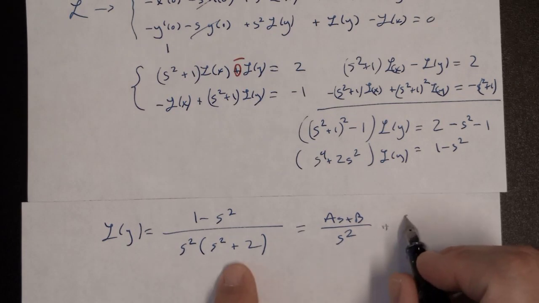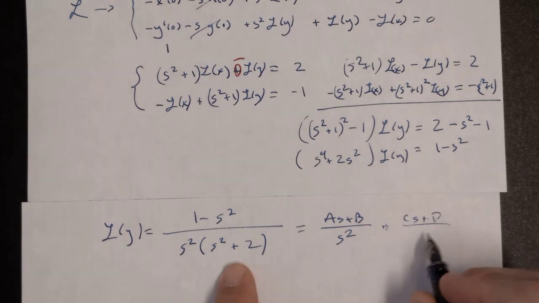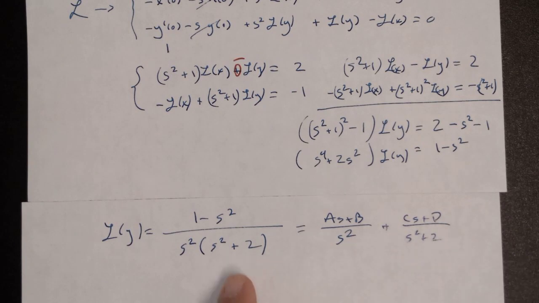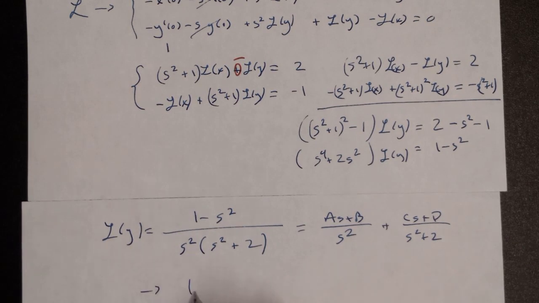Same thing with this part. cs plus d over s squared plus 2. Which means 1 minus s squared is equal to as plus b times s squared plus 2 plus cs plus d times s squared.